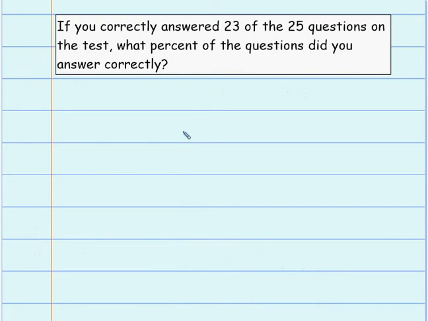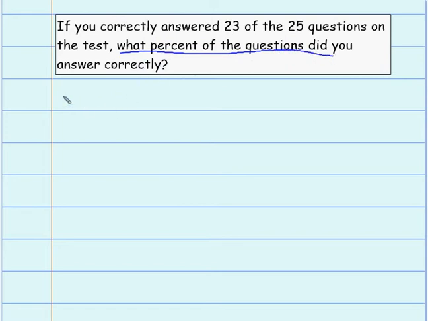One last thing for you. If you correctly answered 23 of the 25 questions on the test, what percent of the questions did you answer correctly? Okay, so here's the part that we need to write the equation for. What percent?